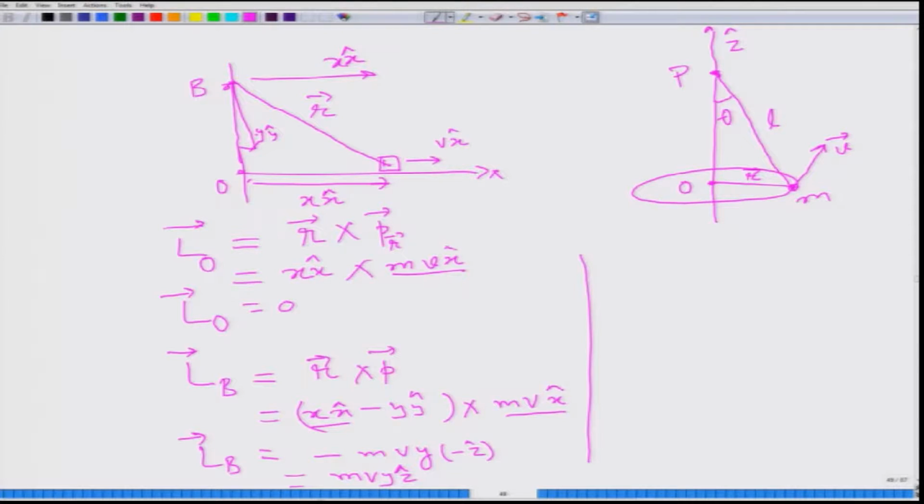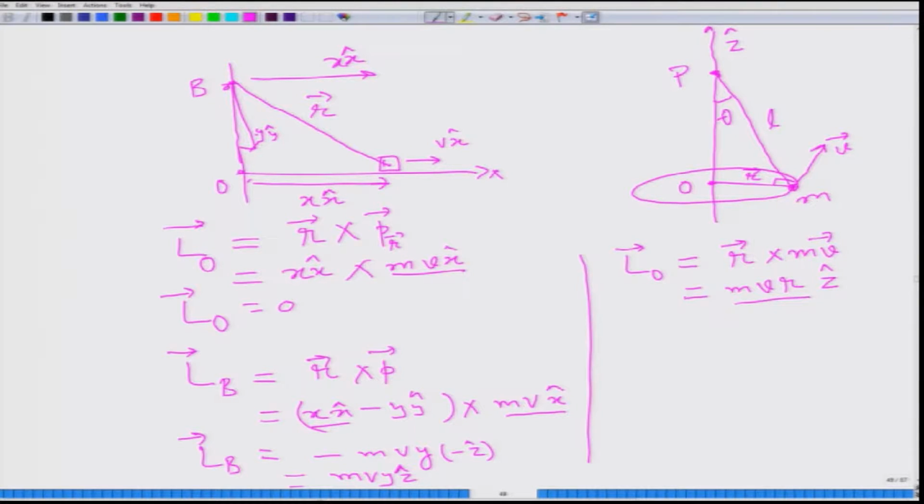Then the angular momentum about this point O will be r cross mv. But we can see that since it is tangential to this circular orbit, this angle is 90 degrees. So this becomes m v r in the z direction, and that is a constant. So the angular momentum about this point O is a constant.